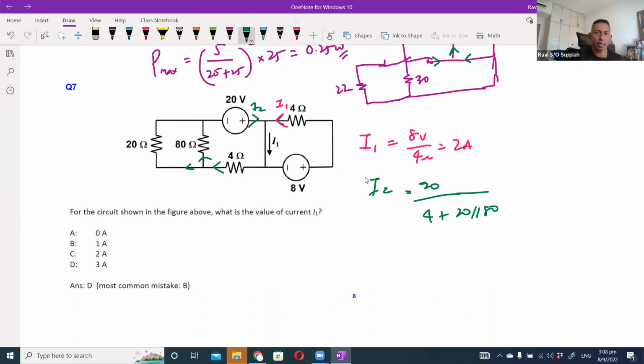So 20 and 80 are parallel. That will give me 1 ampere. By KCL, two currents are coming in and I1 is the current going out. Maybe I should call this I3, since that one is I1. So I1 is I2 plus I3, which will be 3 ampere.